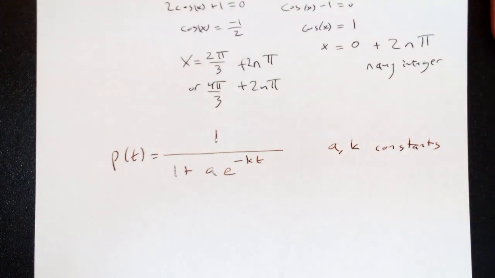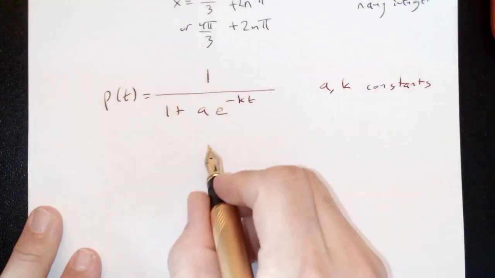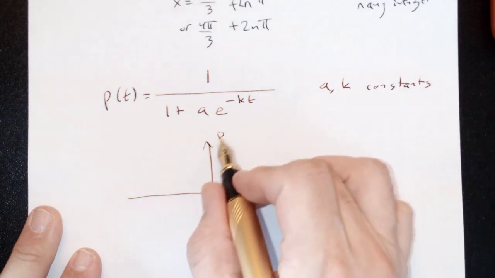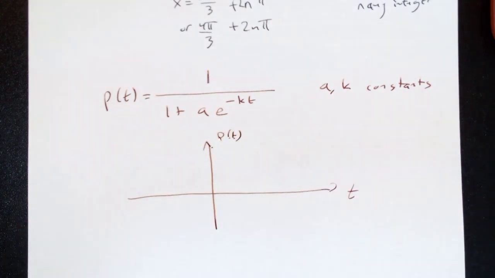A and k are just numbers. This happens to be a very useful function. The graph of this function has two really nice properties. I would like to look at the asymptotes, the limits, as we go to minus infinity and as we go to infinity. So let me think about this for a minute.